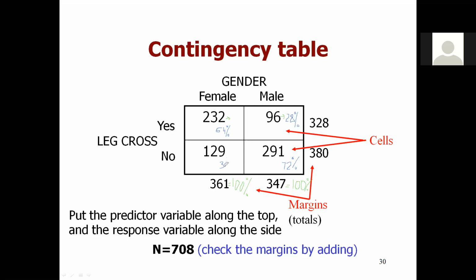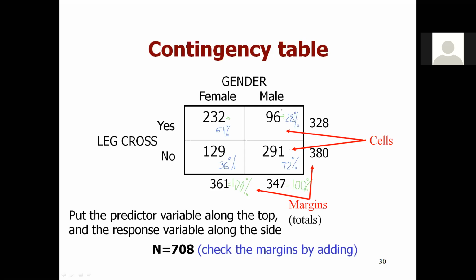So now we don't care really about the sample size anymore because we can compare across different studies by looking at percentages, right? Of course, you could say, well, it matters whether you looked at 700 people versus 30. Yes, we can deal with that. There are special statistical procedures. We don't need to care about them. But what we do care about is to see how our sample sort of develops: almost three times as many women crossed their legs than did not cross.